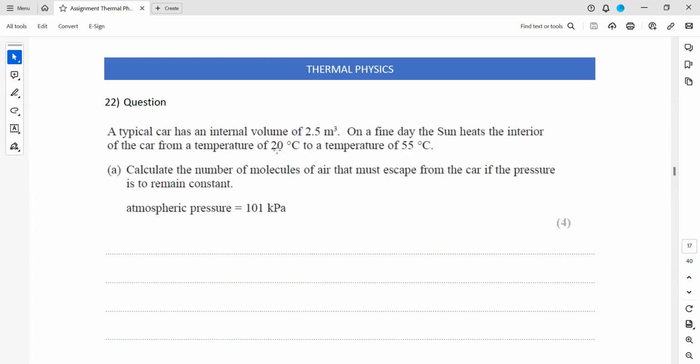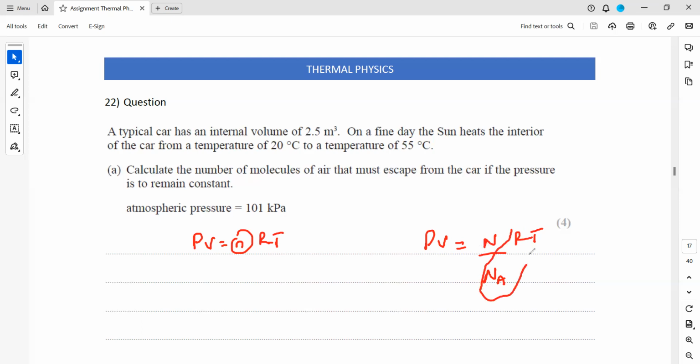So if we want to keep pressure constant, we can use the general gas equation, and this is about the number of particles. So we have the equation PV equals nRT, where n is the number of moles. So we can say PV equals number of moles, and the number of moles equals the number of particles divided by Avogadro's constant, N_A, times RT.